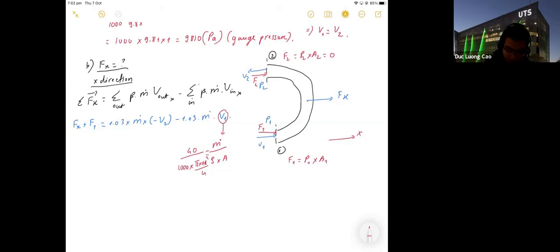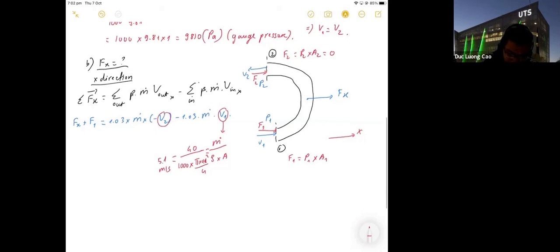So the velocity V1 you have here is 5.1 meters per second. Similar for V2, V1 equal to V2, 5.1 meters per second. Velocity equal to mass flow rate divided by density times cross-section area. Mass flow rate here is 40 kilogram per second.